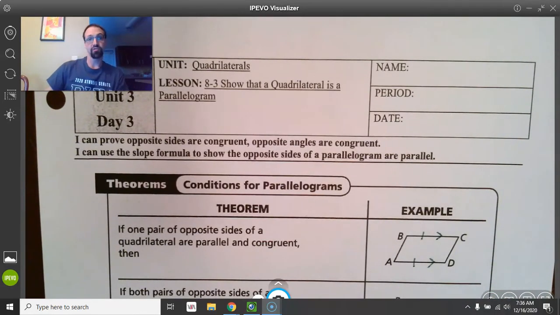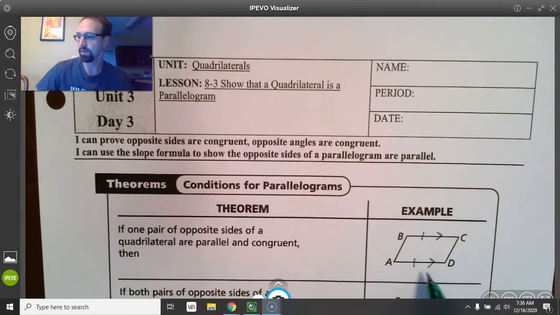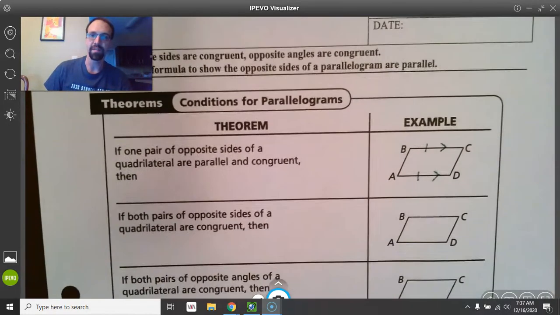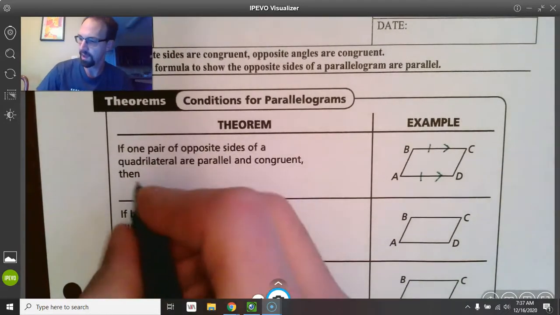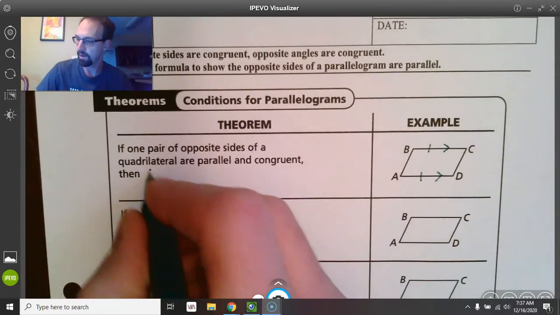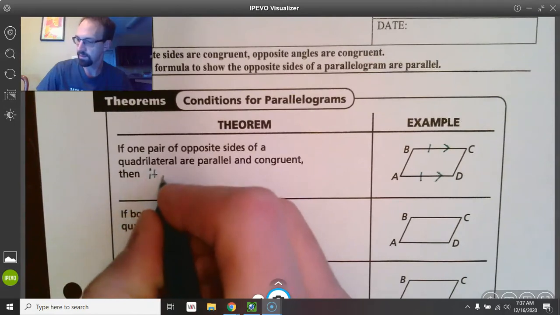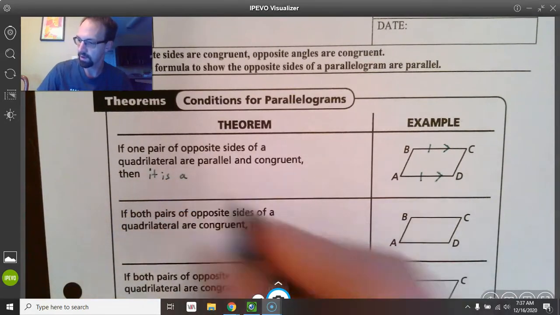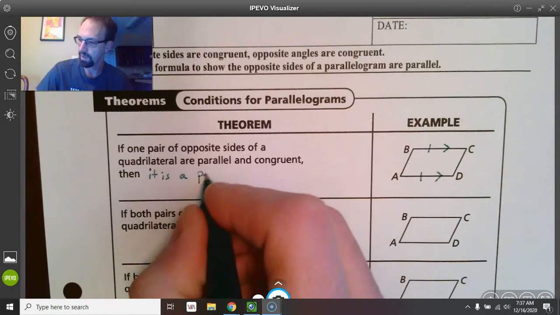Remember, you don't actually have to show the congruency mark in the middle. It could be anywhere along. Same with parallel arrows to show that the line segments are parallel. Then what happens is it is a parallelogram, it being the shape.